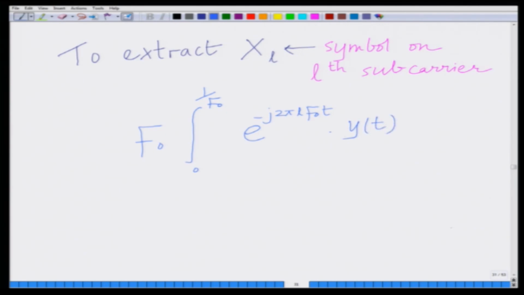This is the operation, because remember what is x_L?